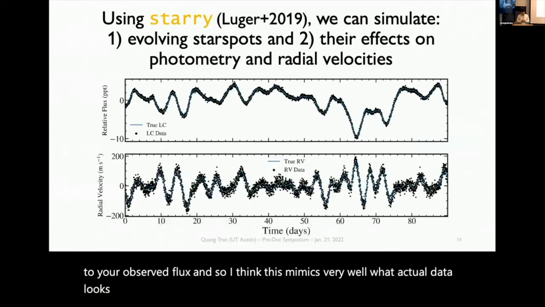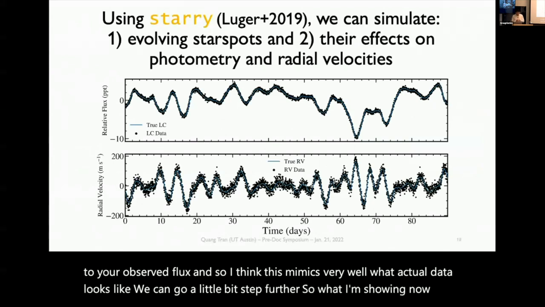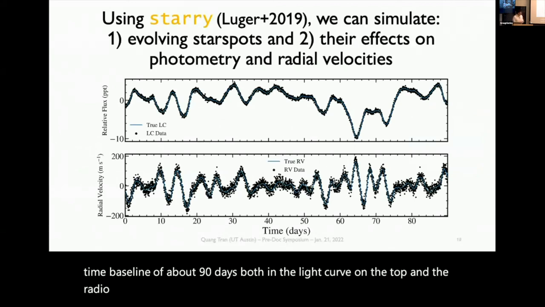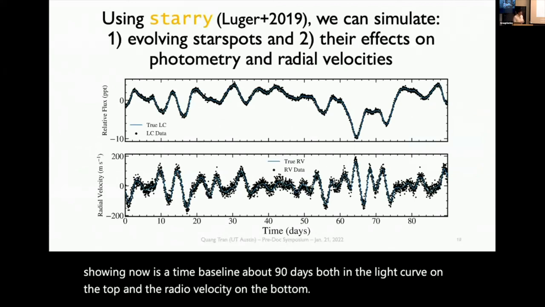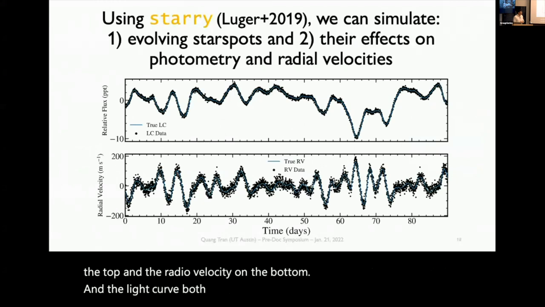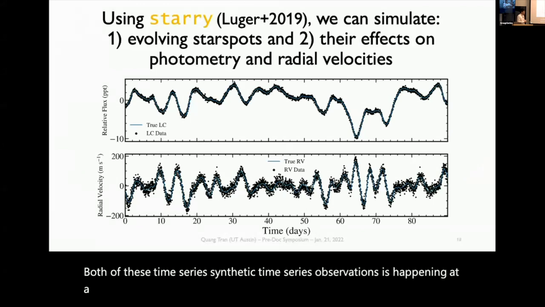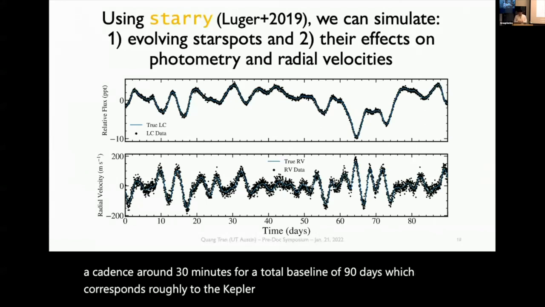We can go a little bit further. So what I'm showing now is a time baseline of about 90 days, both in the light curve on the top and the radial velocity on the bottom. Both of these synthetic time series observations are at a cadence of around 30 minutes for a total baseline of 90 days, which corresponds roughly to one quarter of the Kepler telescope observations.